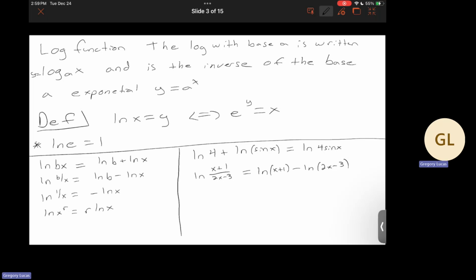If I have ln 1/8, I can use my reciprocal rule. This is the same thing as saying minus ln 8. I could rewrite 8 even as minus ln of 2 to the third, which would make this minus 3 ln 2. So that'd be the most simplified version. Oftentimes we wouldn't do that, but all these rules do apply.